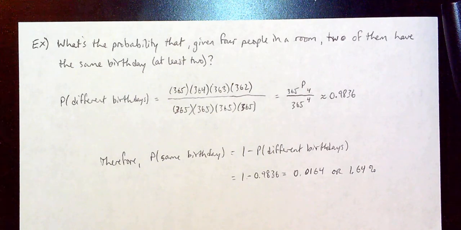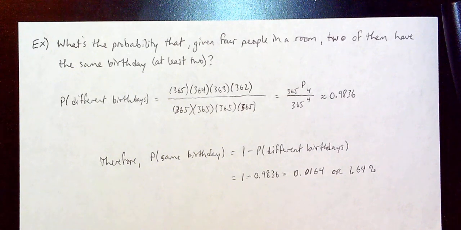If you have 23 people in the same room, then the probability that at least 2 people have the same birthday is 0.7063, or 70.63% chance that 2 people in the room have the same birthday.